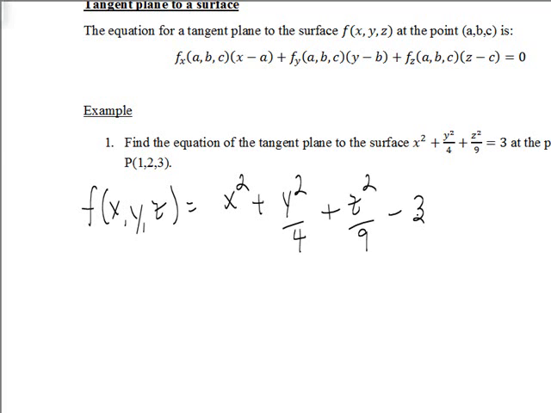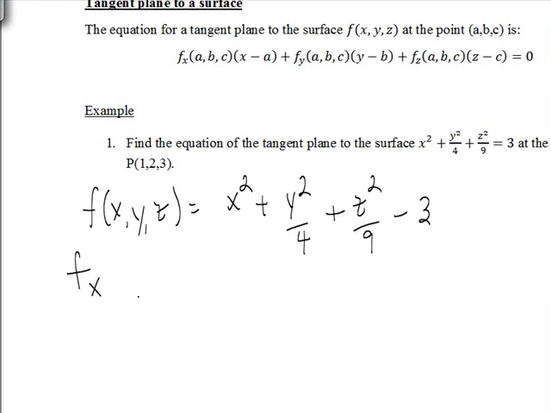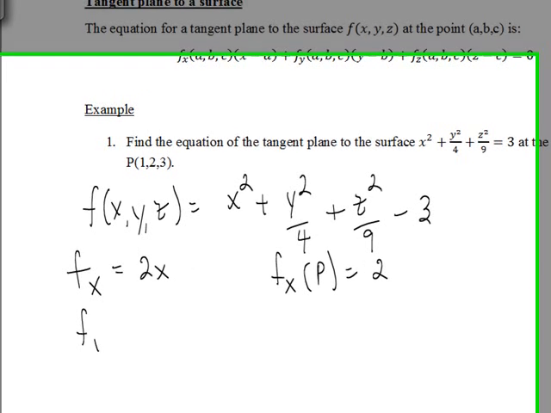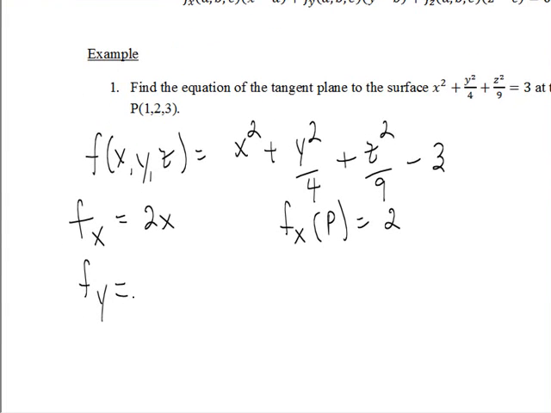And now you're going to do the same thing we've been doing all along. Nothing new. Let's find the partials at the point. Partial with respect to x is 2x, at the point P, 2. Partial with respect to y is a half y, at the point P is 1.